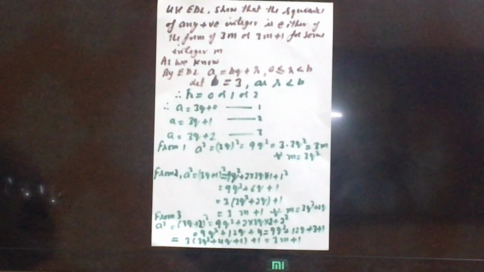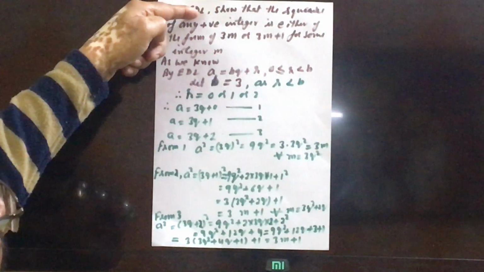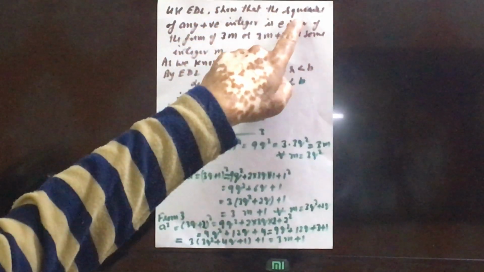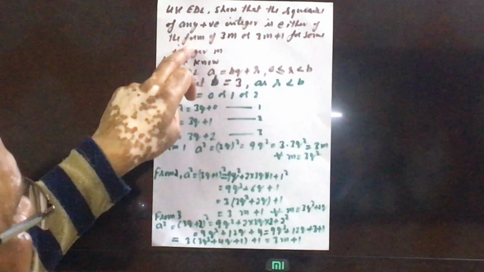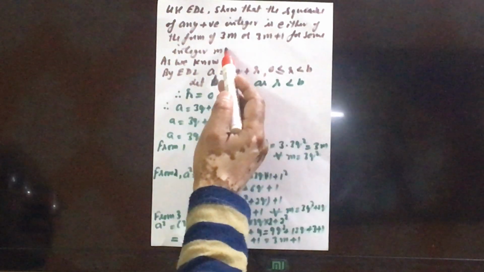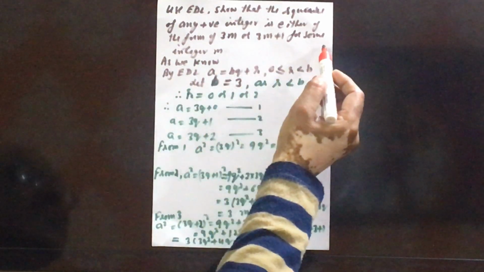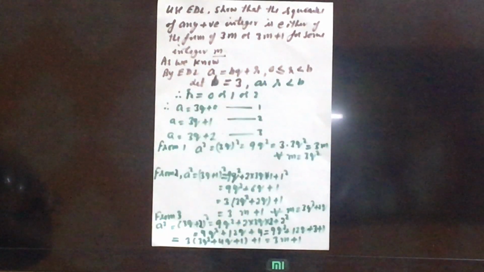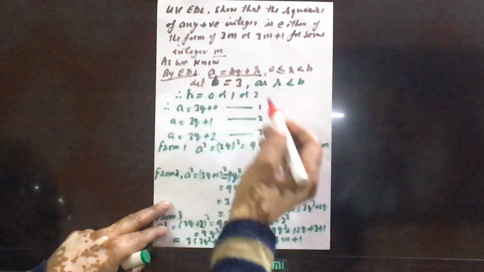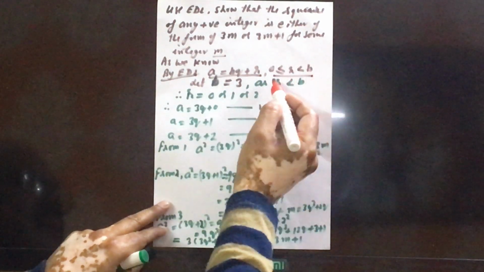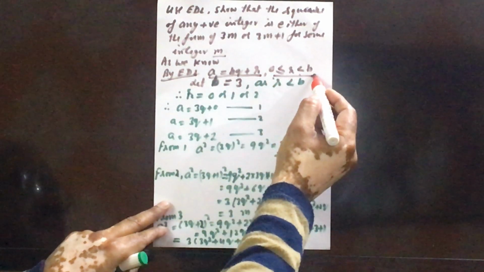Now the question is, use Euclid division lemma. Show that the square of any positive integer is either of the form 3m or 3m plus 1 for some integer m. So as we know, by Euclid division lemma, a is equal to bq plus r, where r is greater than or equal to 0 and r is less than b.